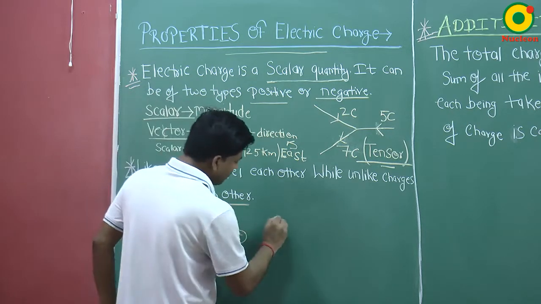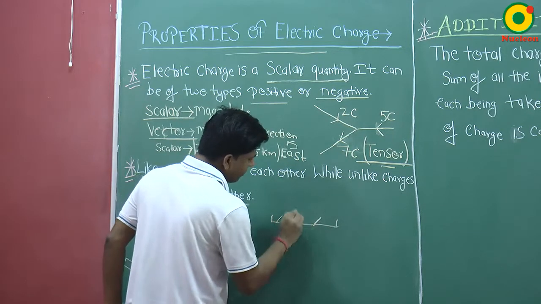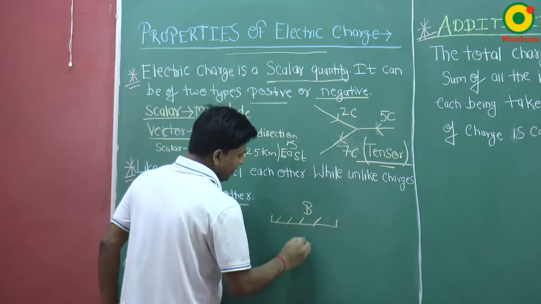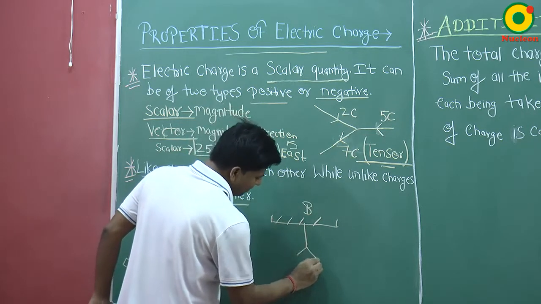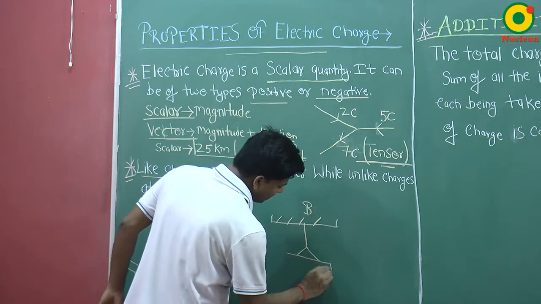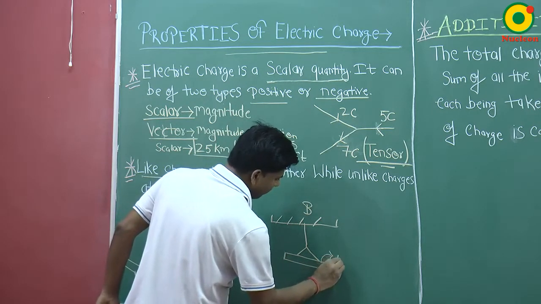Let's take one more example over here. Let's say we have a surface B over here, okay? And again we tied up a string over here, and with this string we just suspend one substance which is made up of rubber, okay?